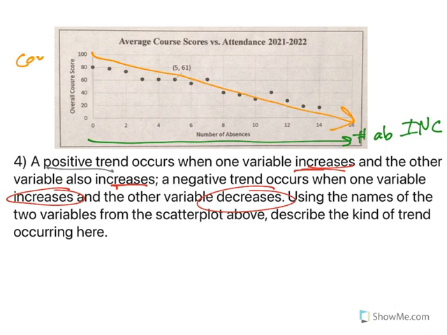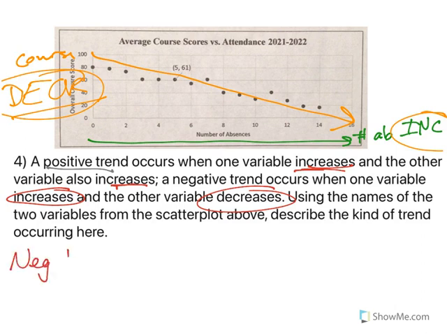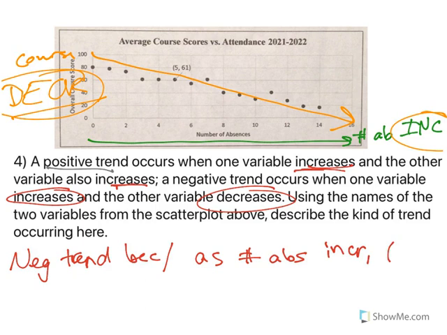So the course scores decrease. Because we have an increase and a decrease, we have a negative trend. So we would say there's a negative trend because as the number of absences increase, the overall course score decreases.